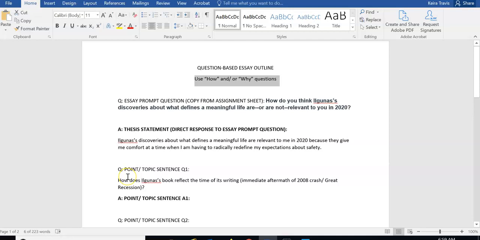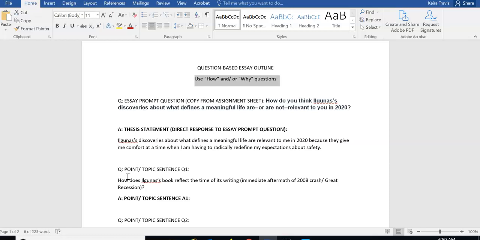But then for the point topic sentences, you have to come up with your own questions, your own how or why questions. Your topic sentences will directly answer your how or why questions. They can't be random how or why questions.